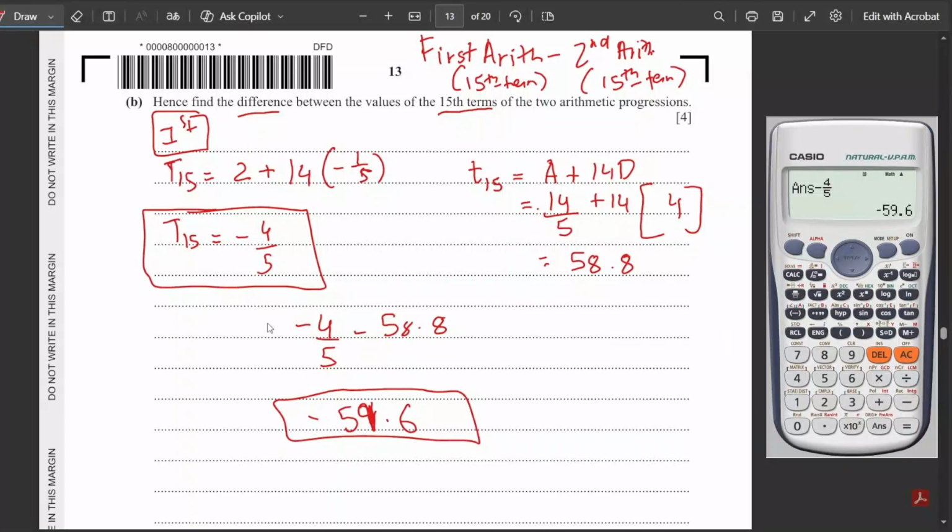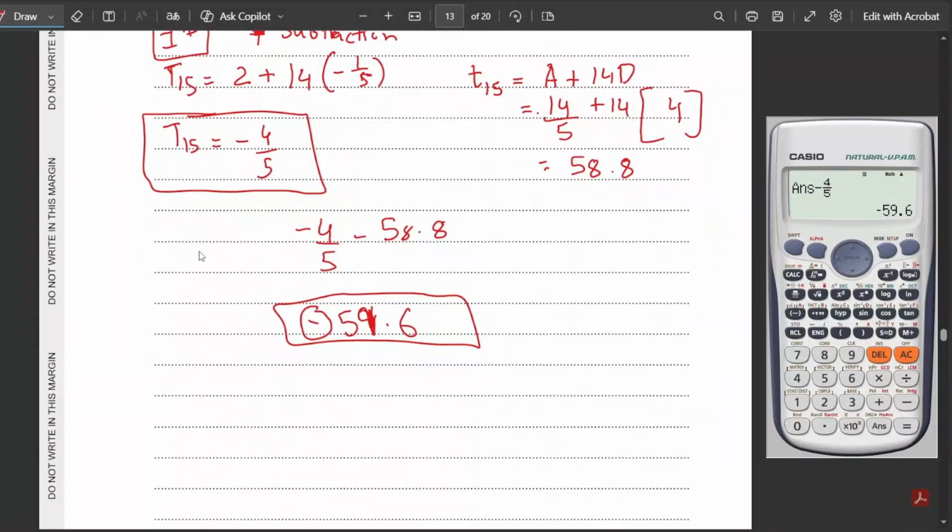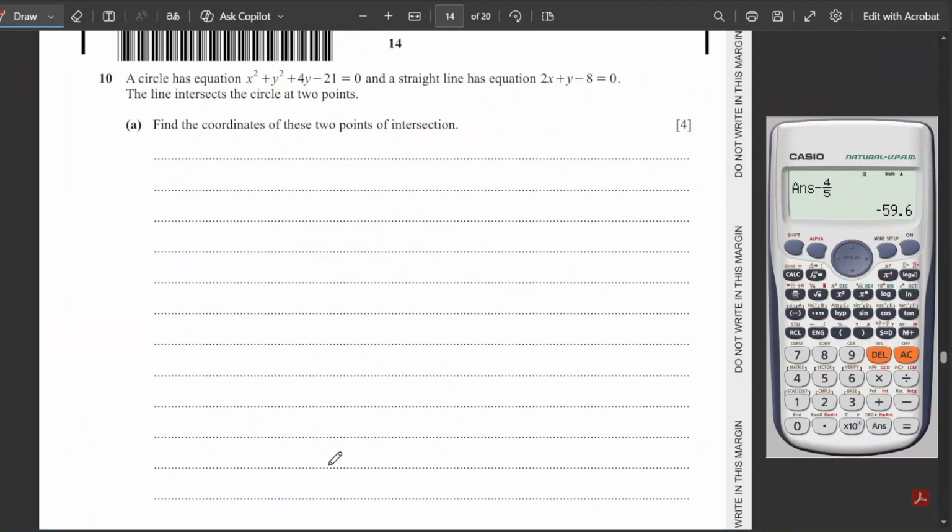Now, if you want, you can also remove this negative symbol over here. Why? Because it already says, hence find the difference. So the difference basically means how much gap there is between two things when you subtract, or how much less one thing is compared to another. So since the word difference already accounts for the negative symbol, you can also write difference is equal to 59.6.